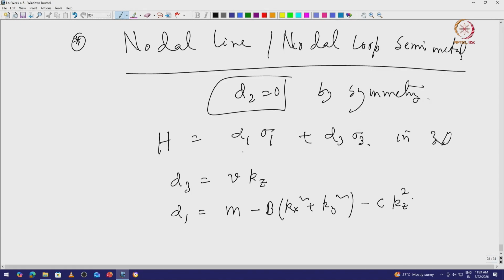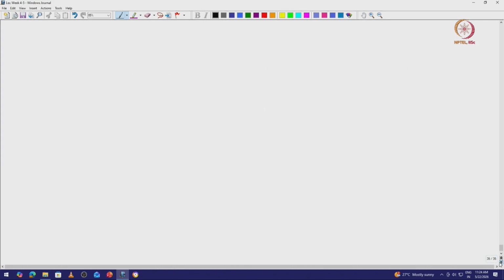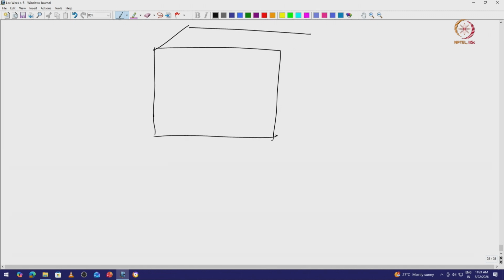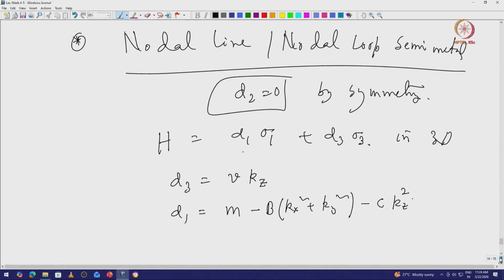So now you can see that this is the kz direction and then kx and ky. You can see from this expression that on the kz equal to 0 plane, this term disappears, so you will have a contour that is defined by this.